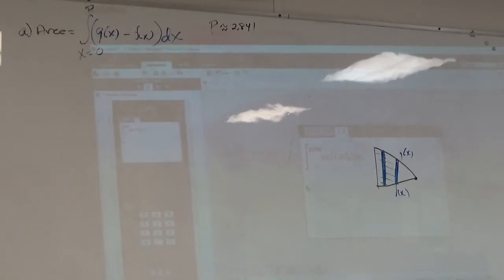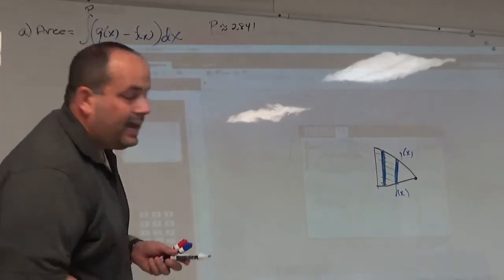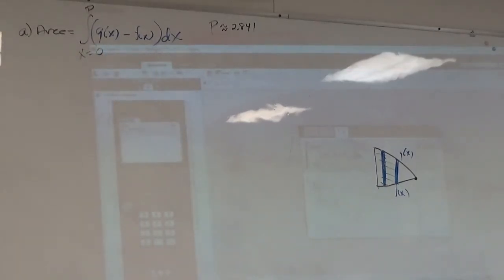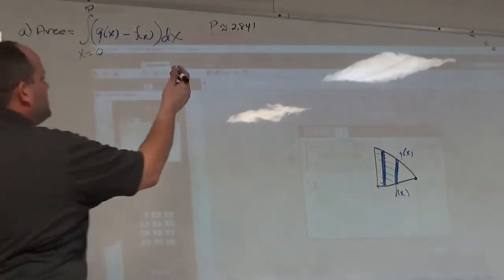Oh, Paul. There you go. Okay, and according to Paul's calculation, 6.819. Yes, sir. How many guys have 6.819? Nice. Move on. Keep going.